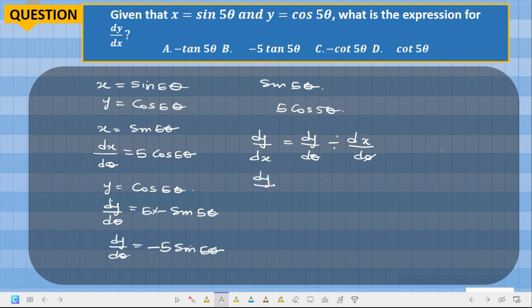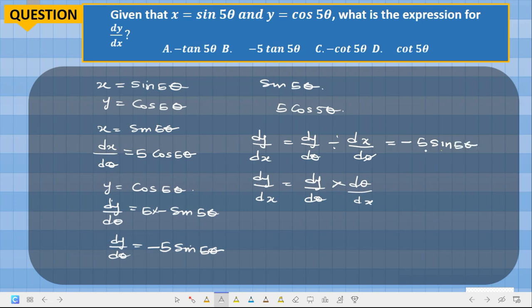Because if you invert, it becomes ds/d theta, and dy/d theta times d theta over ds, theta cancels theta, so we are left with dy/ds. So what we just do now is dy/d theta divided by ds/d theta, and dy/d theta is minus 5 sine 5 theta.